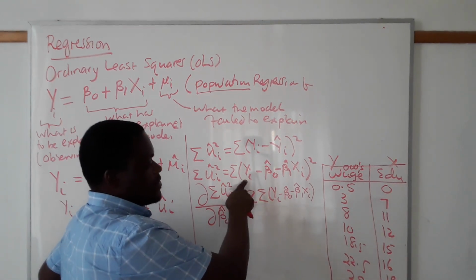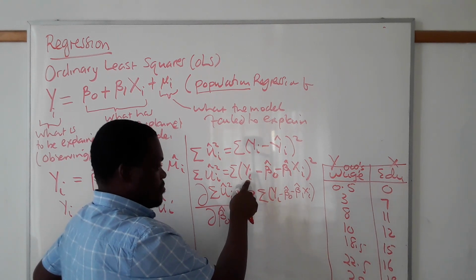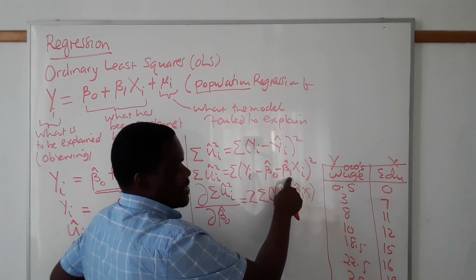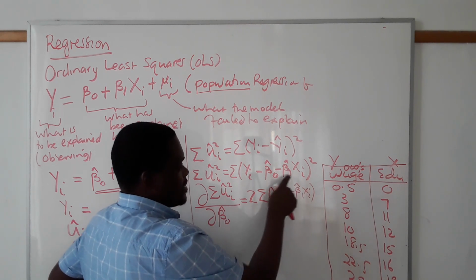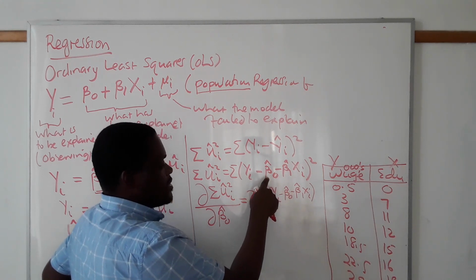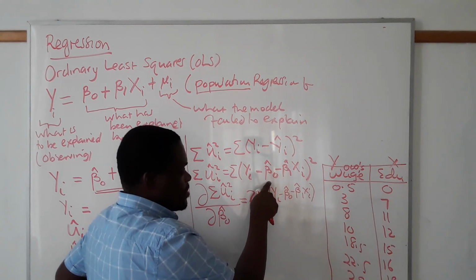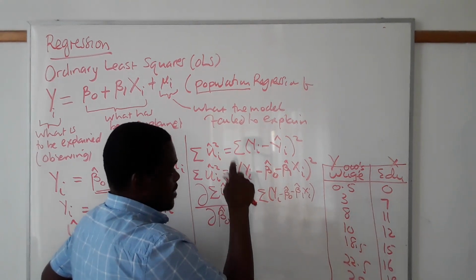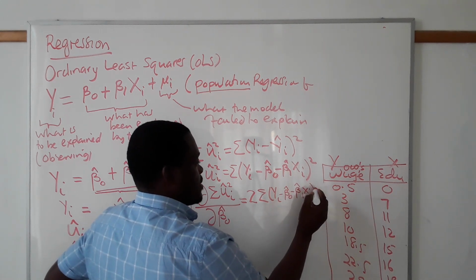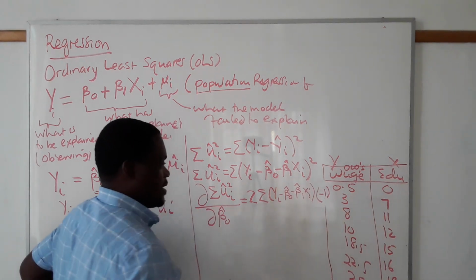Now, this becomes 0 because this yi doesn't have beta naught with it. This also becomes 0 because it doesn't have beta naught with it. The only place where we have beta naught is here. So if we differentiate beta naught with respect to beta naught, we just get 1. But there's a minus sign there, so we actually get minus 1. That's the number we get.